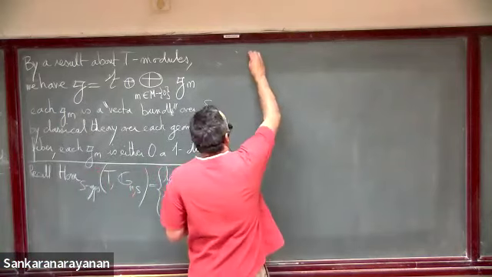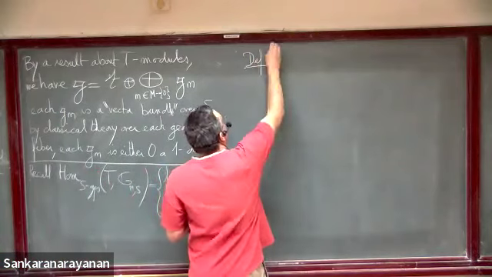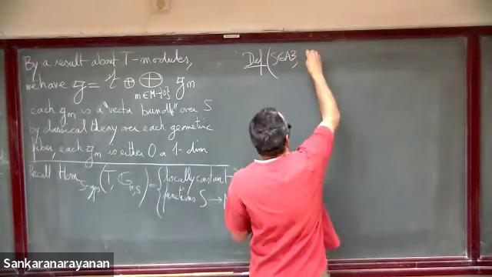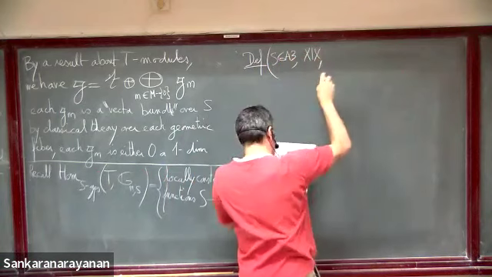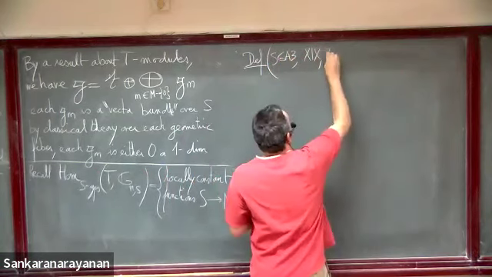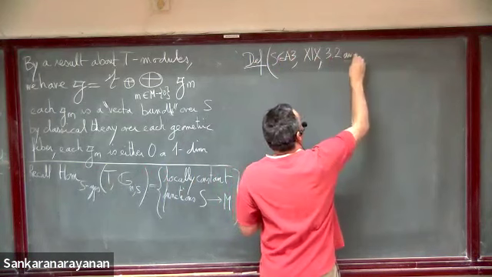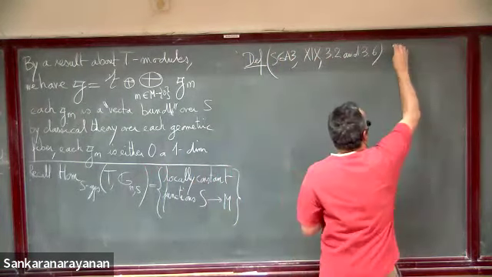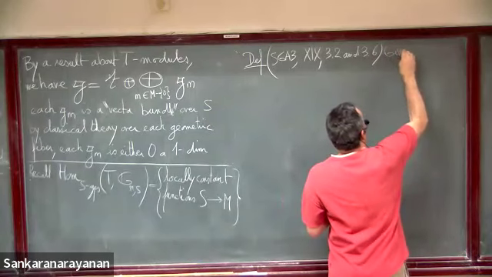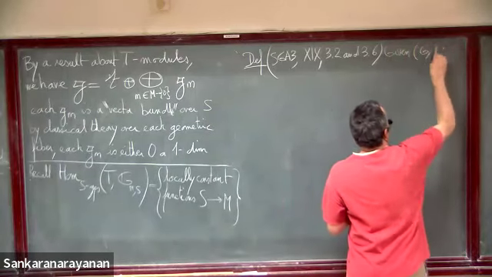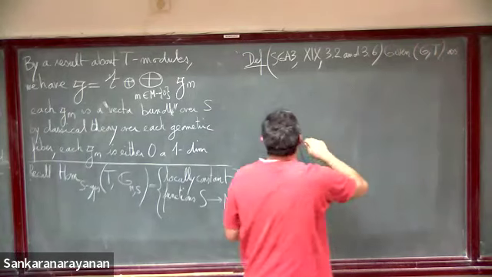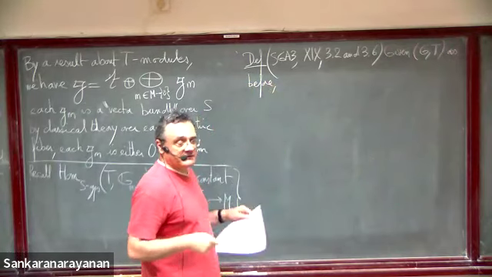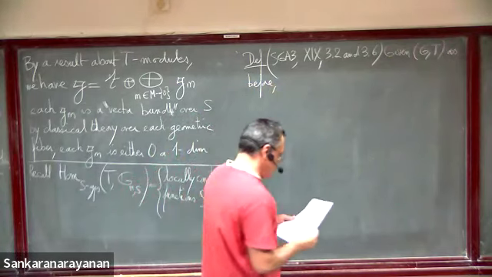And so we have the following definition, which is from SGA 3, exposé 19 and 22. So given the pair (G, T) as before, that is G reductive and T a split maximal torus.